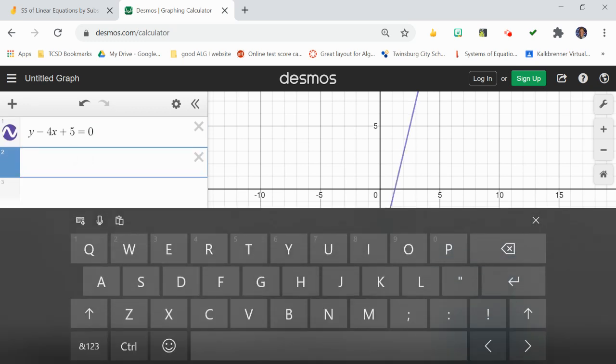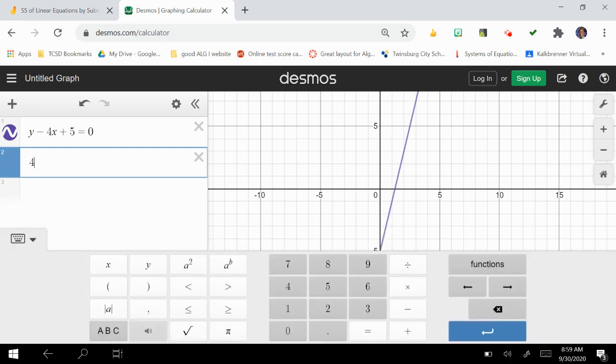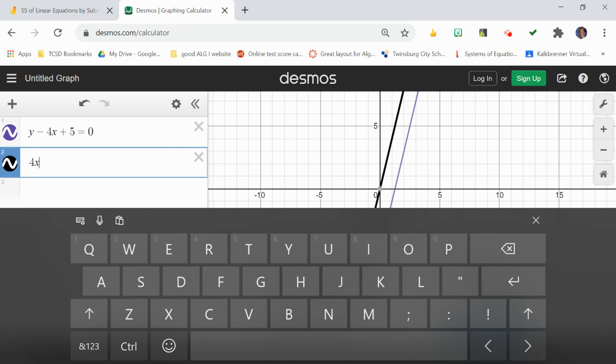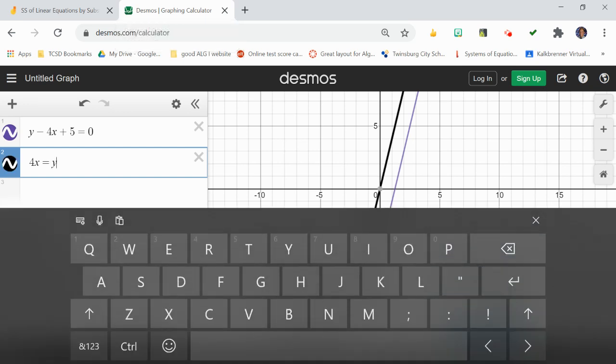And then I'm going to get down here. My original problem was 4x equals y plus 1.